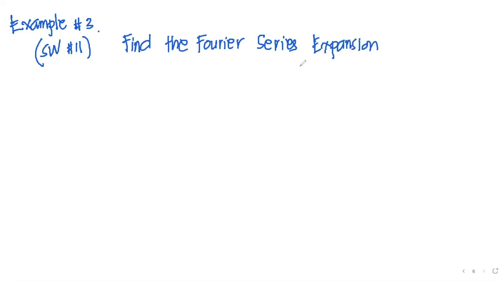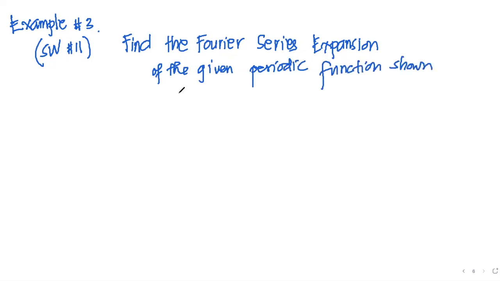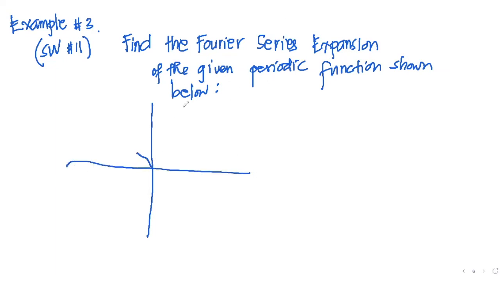I'll give you hints. I'll give you the starting part of your solution, what Euler constants will be determined, and the values of these Euler constants for you to check your solution as well. So let me draw first the graph. This is actually similar to the example that I have presented earlier.